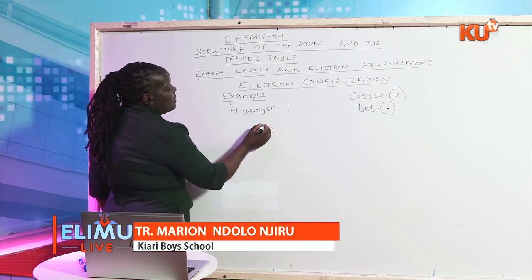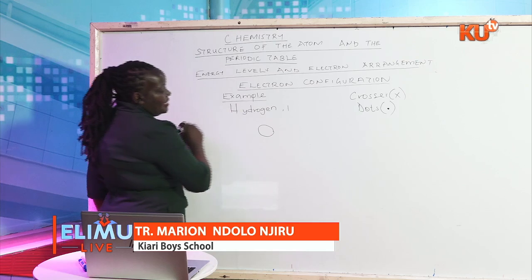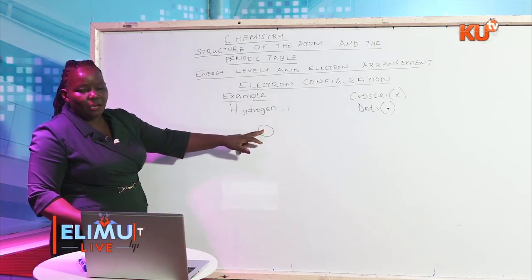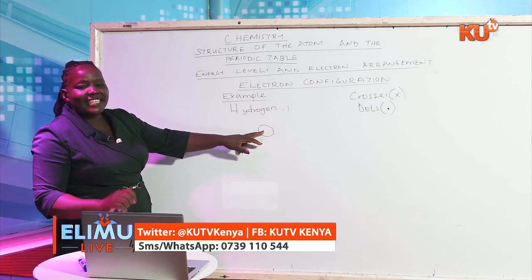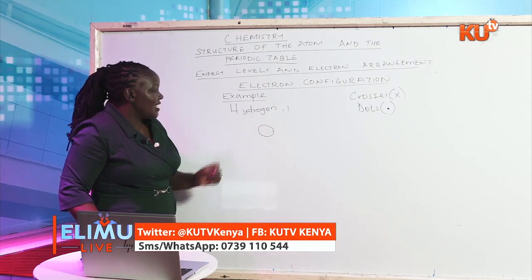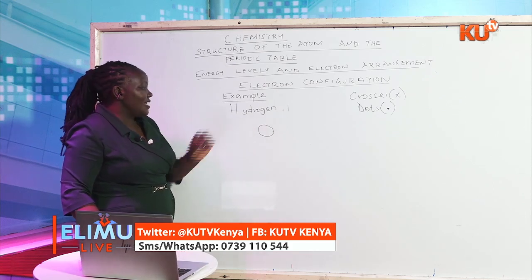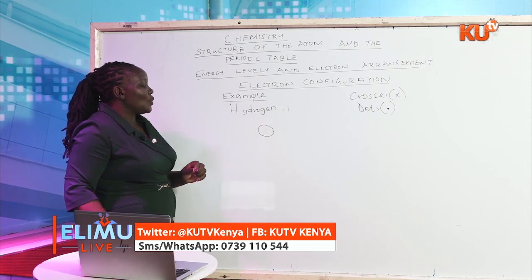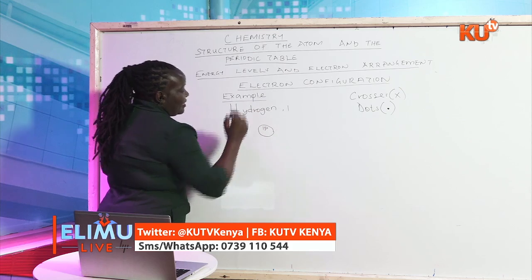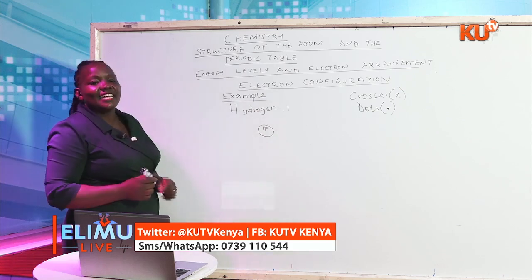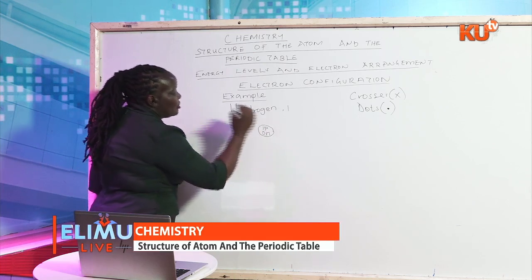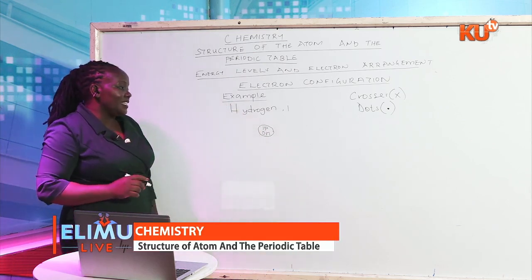So even in this case, we must indicate the nucleus like that. And then in the nucleus, you can either use the chemical symbol, or you can indicate the number of protons and the number of neutrons in that given atom. In this case, hydrogen has only one proton. So I can indicate that in the nucleus. Then it has no neutron, or 0 neutrons. So that is the content of my nucleus.